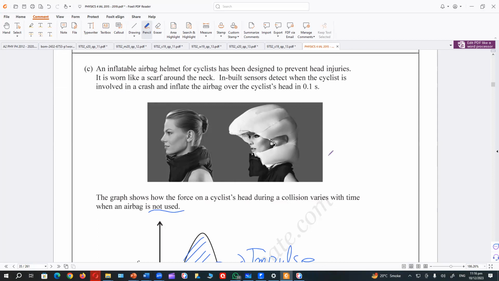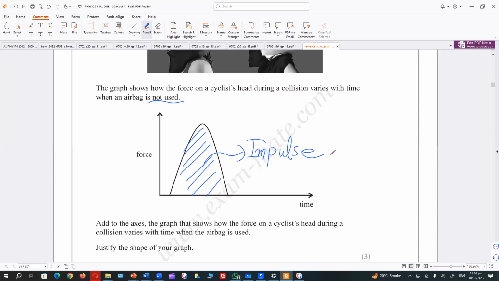The graph would come down, but in a longer period of time, because it would absorb the impact, and logically, area will not change. Actually wait, would the area change? No, it won't change. Like this.